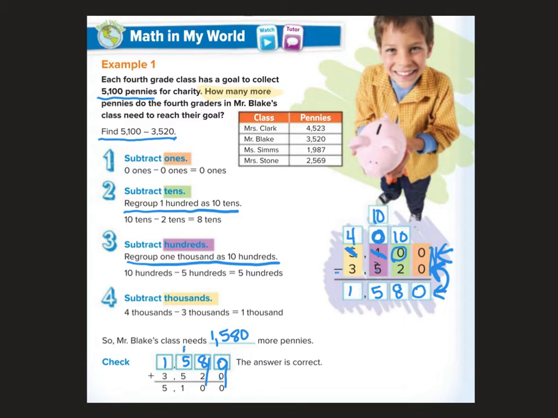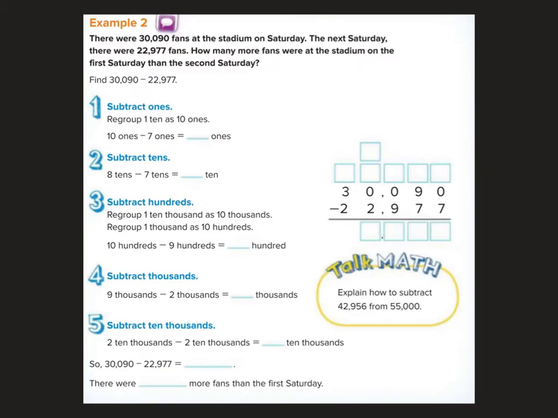I'm regrouping to 100. 1 and 5 makes 6, well, add 5 more makes 11. Regrouping. 1 and 1 makes 2. 2 and 3 makes 5. 5,100 is our sum. Okay, we check out. We did subtraction first, checked with addition, and it worked.